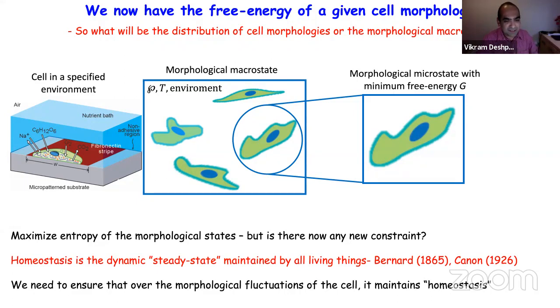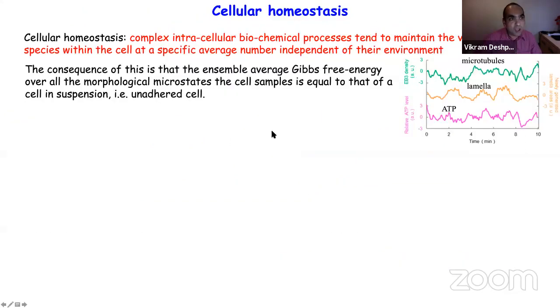So we are going to maximize the entropies of all these shapes subject to the constraint that while they're fluctuating, they're maintaining a state of homeostasis. I've not yet defined what I mean by this homeostasis, but that is the constraint with which we will maximize this entropy. Okay, so what do you mean by cellular homeostasis in this context?